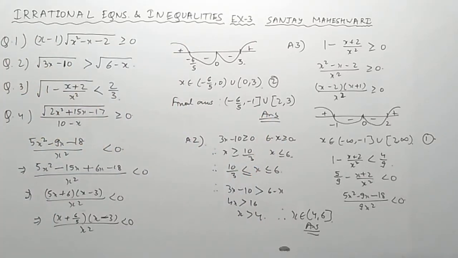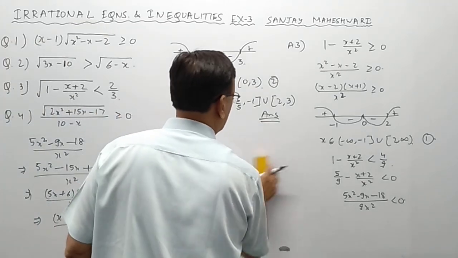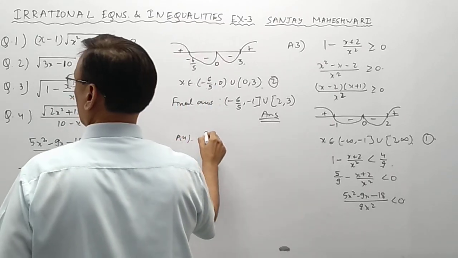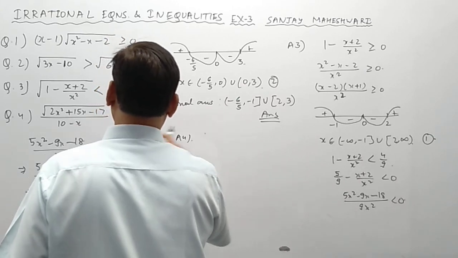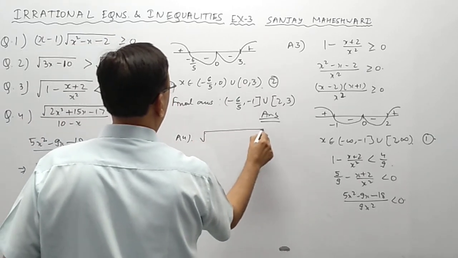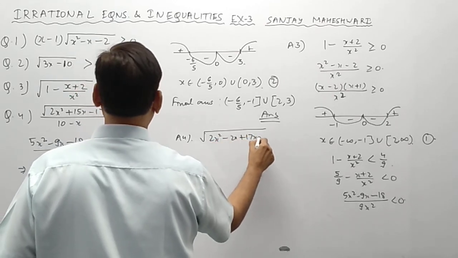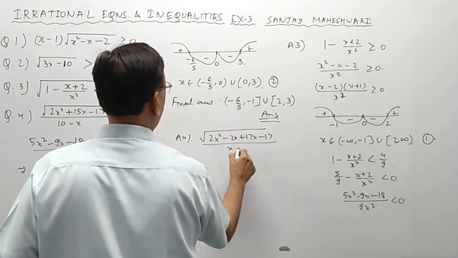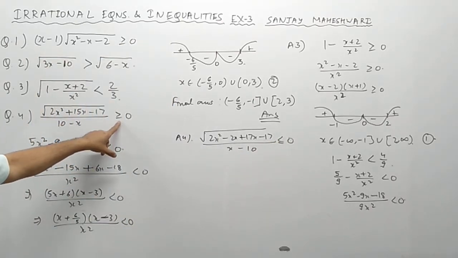Now we will move on to question number 4. This can be factorized. Straightforward: (2x square minus 2x plus 17x minus 17) divided by (x minus 10), we are changing it, so the sign is also changed.